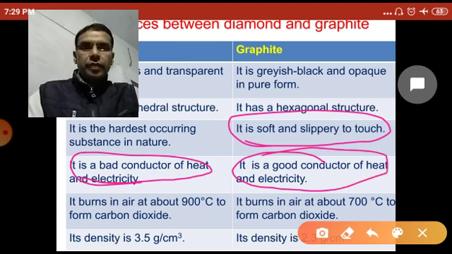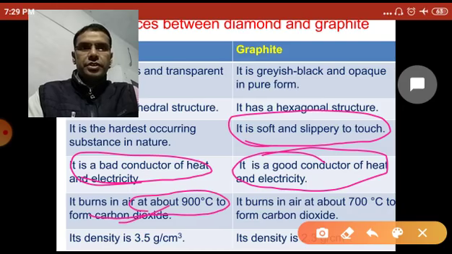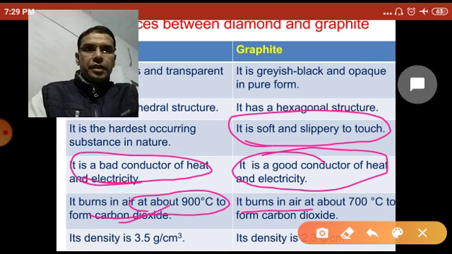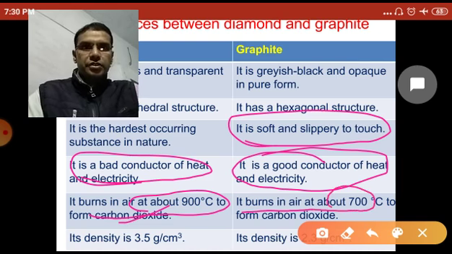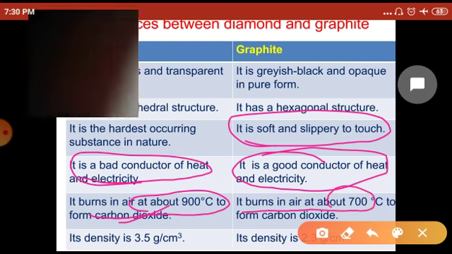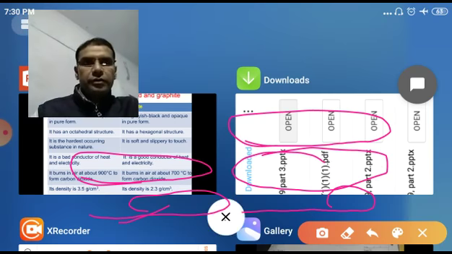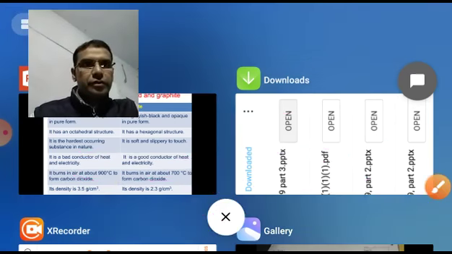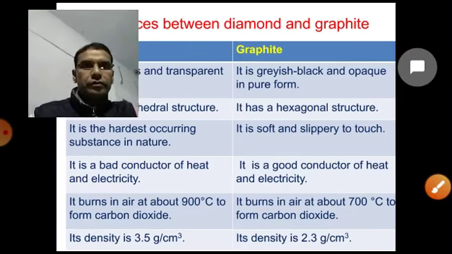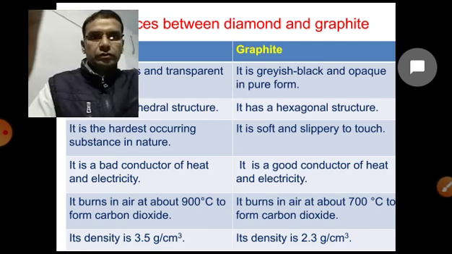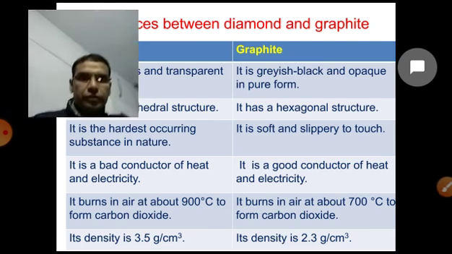Whenever we burn diamond in air at 900 degrees Celsius, only carbon dioxide is formed, and whenever we burn graphite at about 700 degrees Celsius in the presence of air, it also forms only carbon dioxide.